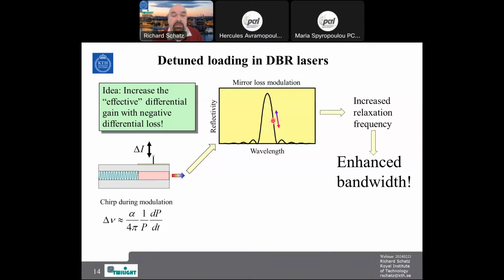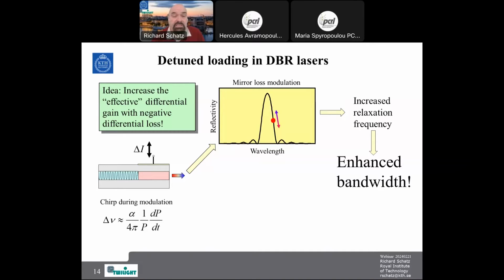So on this flank, you improve the bandwidth. On this flank, the bandwidth will be reduced because here you reduce the reflectivity when you increase the carrier density here. So it's not good to be on this flank. But on the long wavelength flank of a Bragg peak, then you get an increased relaxation frequency. And this is quite a strong effect. It can increase the bandwidth by 50 to 100%.